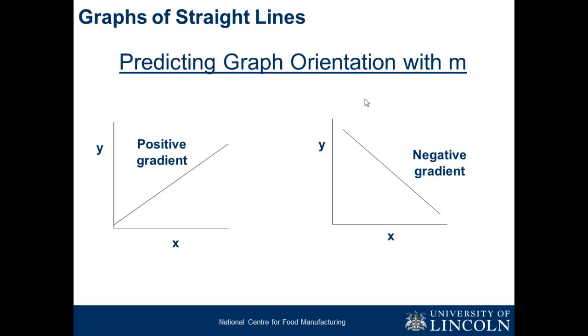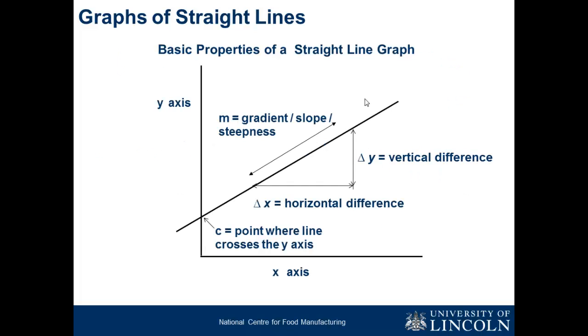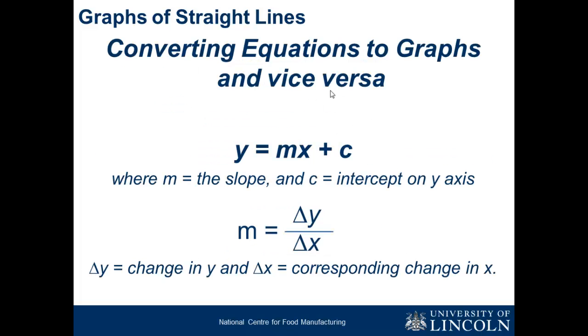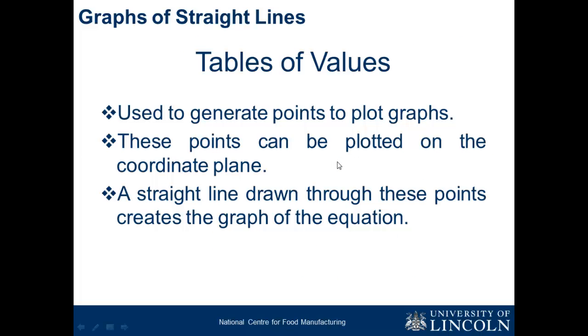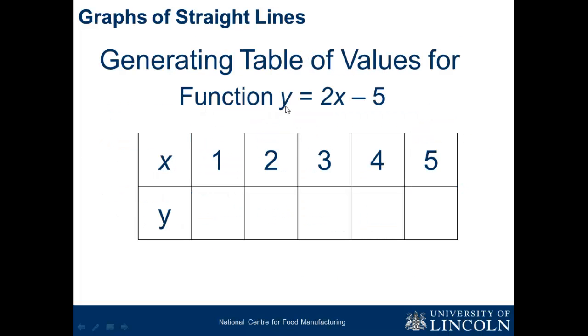This is the formula: y equals mx plus c. Try to memorize this: y equals mx plus c. If you put that beside this function, you discover that our m equals 2. So our slope for this function equals 2.